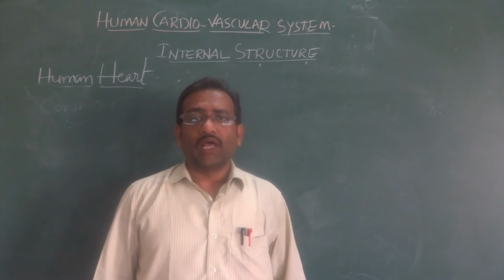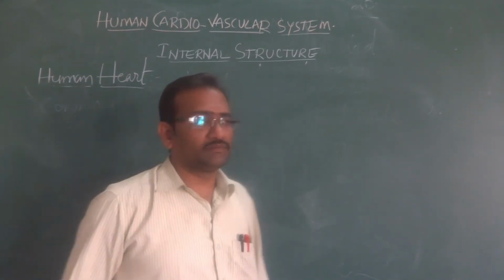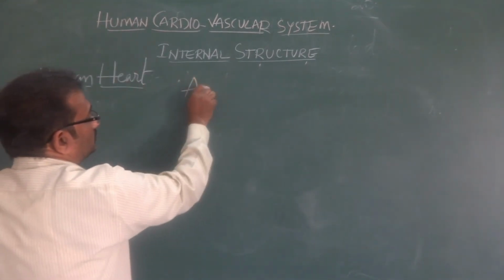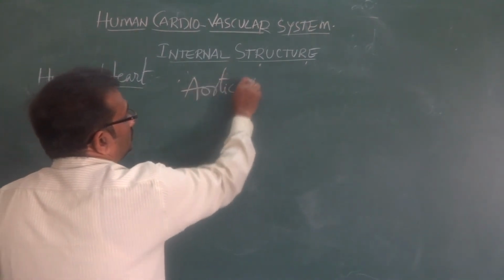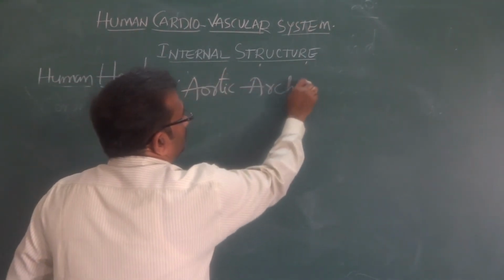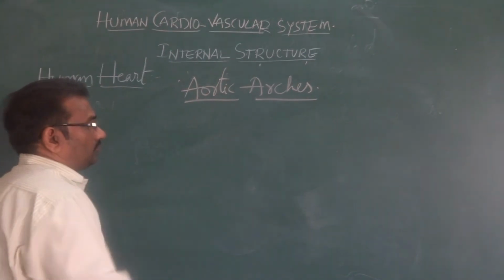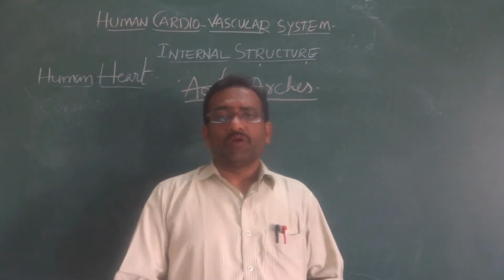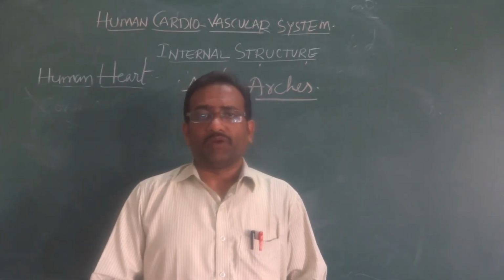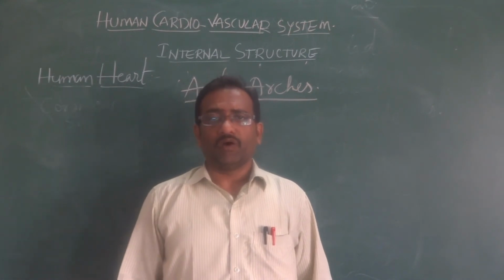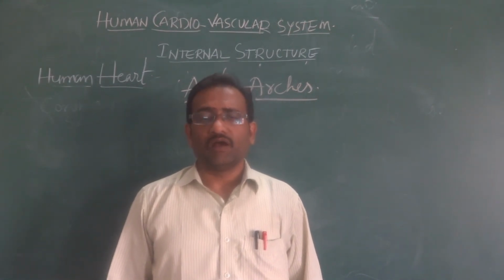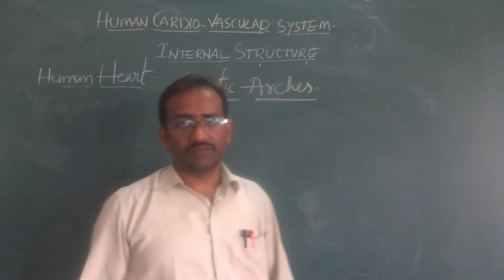Next topic is aortic arches. In the human heart, there are two types of aortic arches: pulmonary arches and systemic or aortic arches.